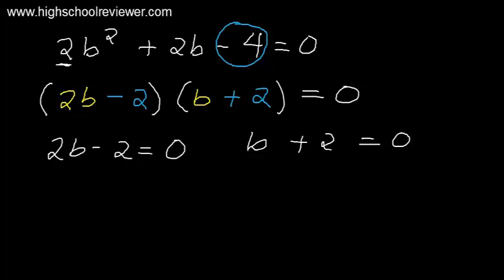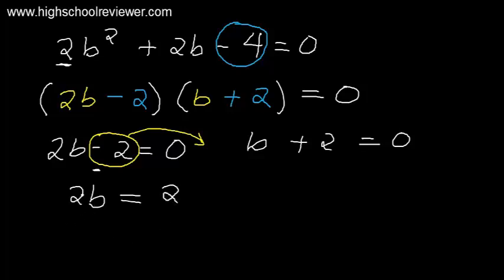So to solve for b, first we need to transpose negative 2 to the other side. So transposing, what will be left on the left side will be positive 2b equals 2. If we transpose negative, this will change sign, this will become positive.